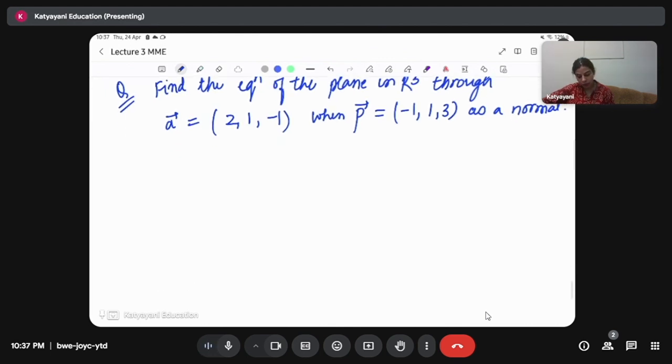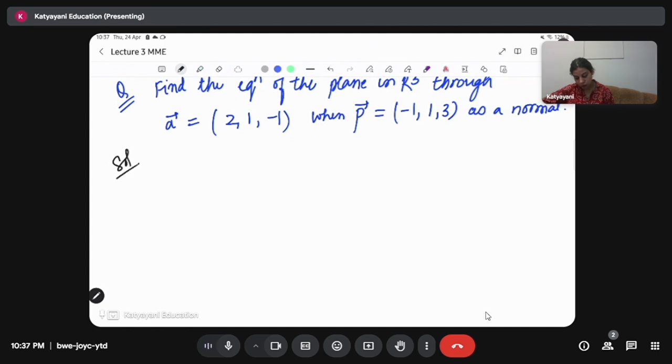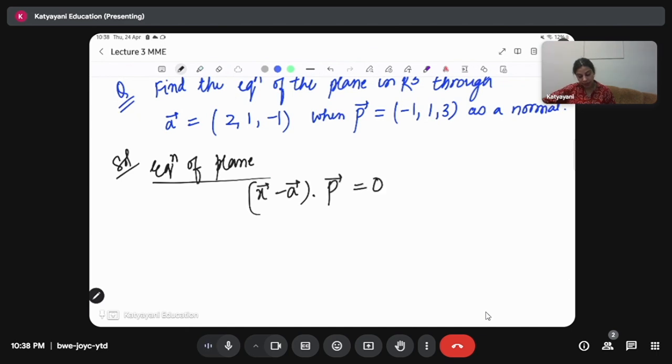So you've already seen the equation of the line, the equation of the plane would be, let's do the solution. Equation of the plane would be (x minus a) dot product with P should be equal to 0, right?